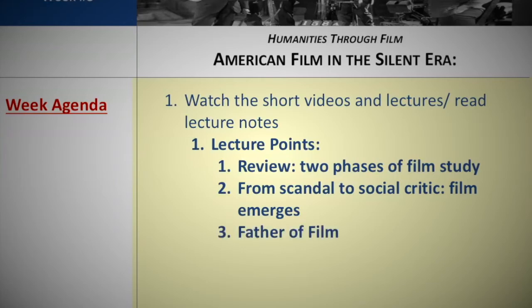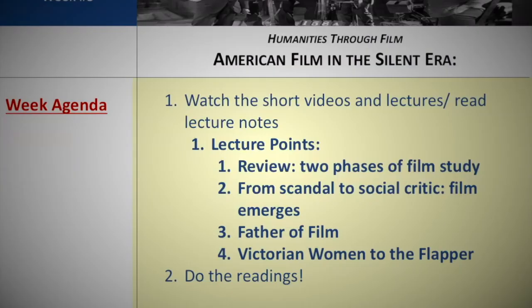We'll look at that a little bit. The father of film, who might that be, and what kind of films were created in the early 1900s. Victorian women, the very image of women on screen, and how the screen affected the view of women, from the Victorian woman to the flapper. We'll talk about that a little bit.